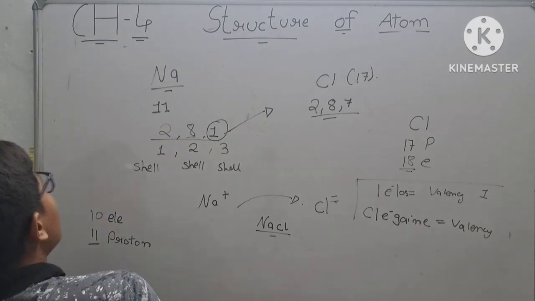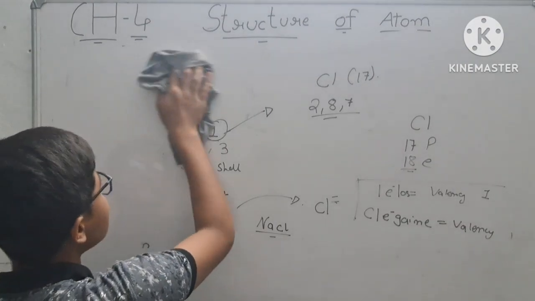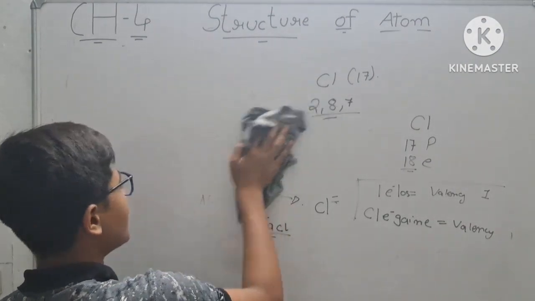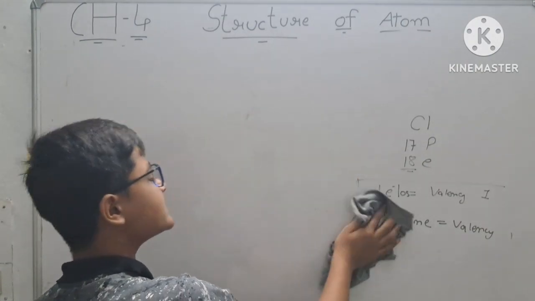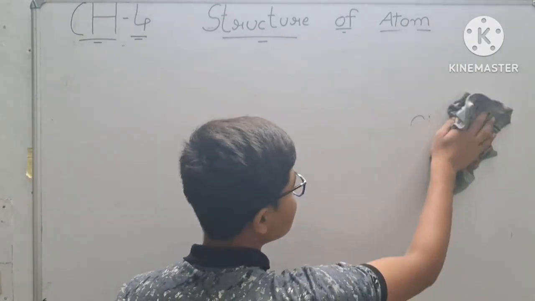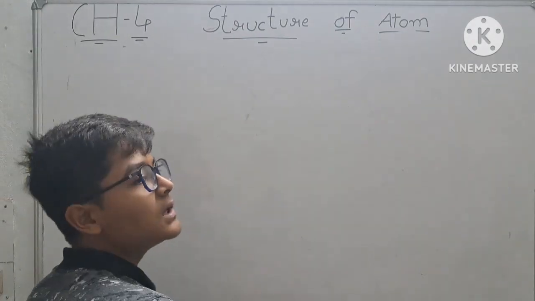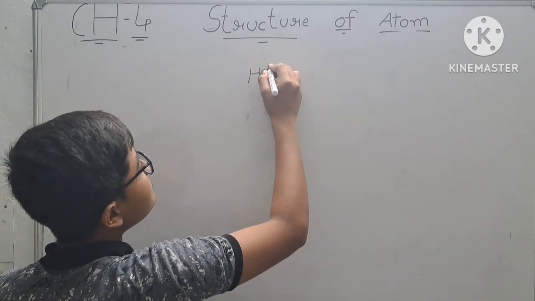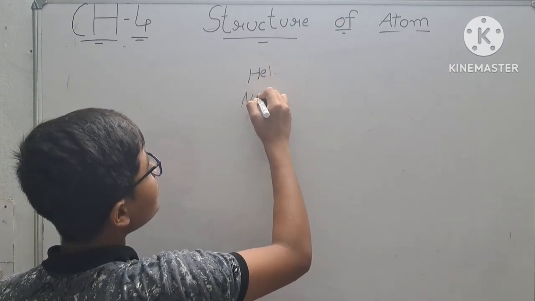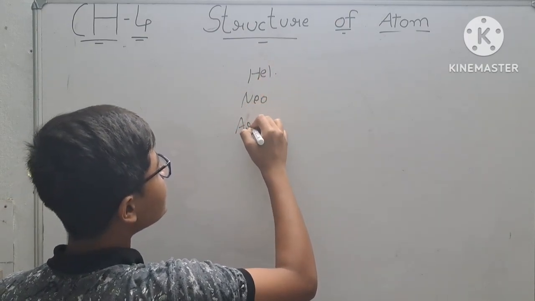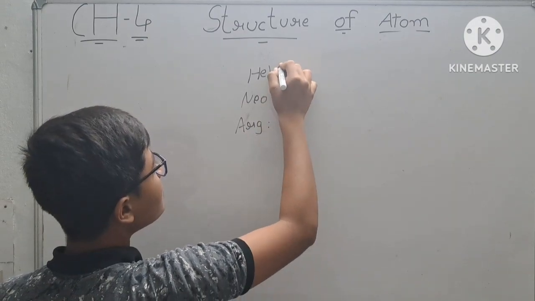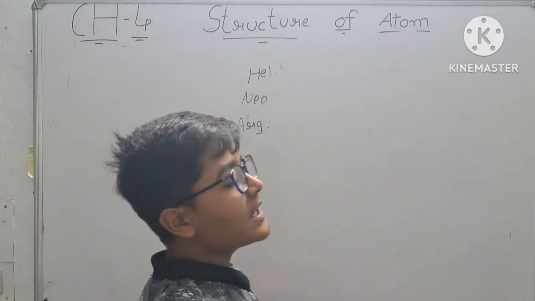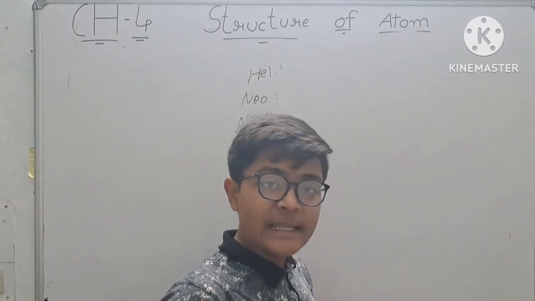Now, why the noble gases? Which are the noble gases? Can I get the answer in the comment box? Which are the noble gases? Yes, helium, then neon, then argon. They are not highly reactive.